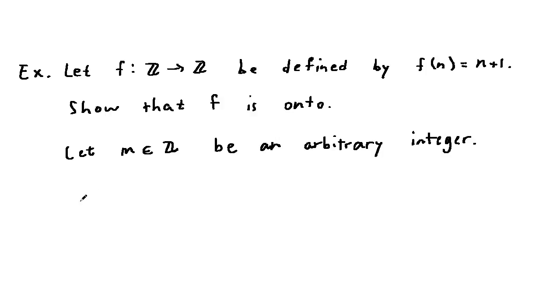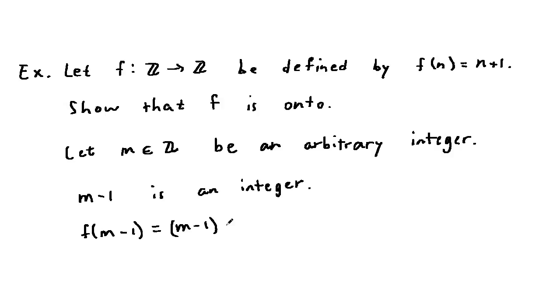Note that m minus 1 is an integer, and f of m minus 1 is m minus 1 plus 1, by definition of f. Simplifying, I get m.